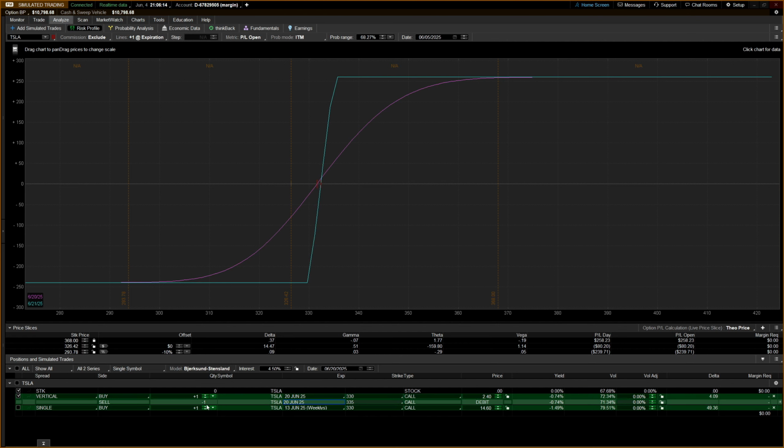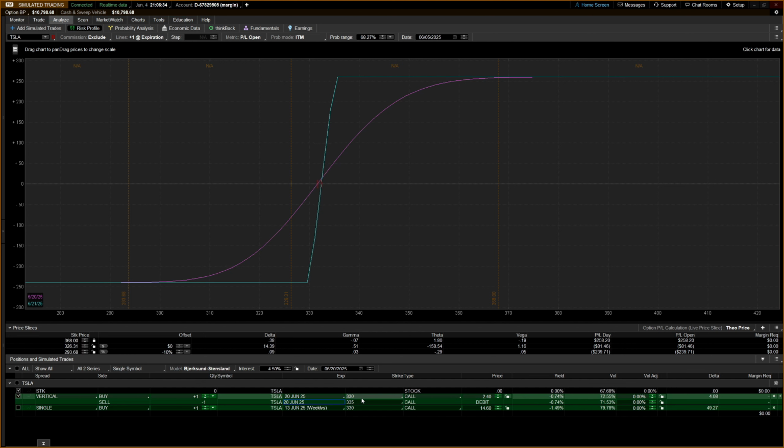So if your contract does get executed and you are obligated to sell shares of Tesla at $335, well, you have a contract that has the right to buy shares at $330.